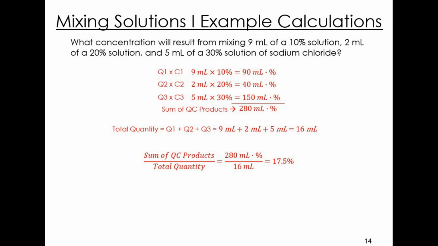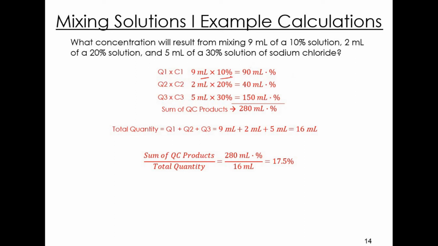So in the example problem, we want to know what concentration will result from mixing 9 mLs of a 10% solution, 2 mLs of a 20% solution, and 5 mLs of a 30% solution. They all are different concentrations of sodium chloride solutions. So the amount of sodium chloride in the first solution will be represented by multiplying the volume, the quantity, times the concentration, the percent.